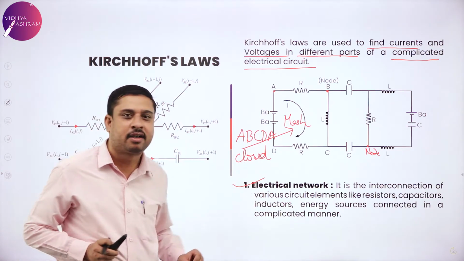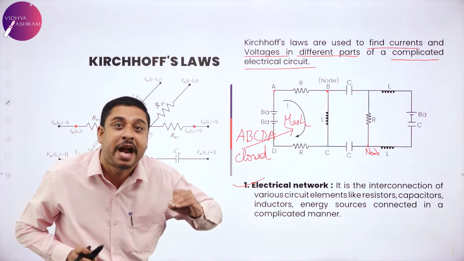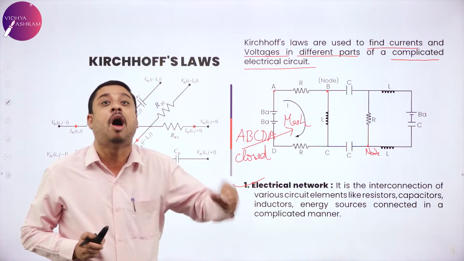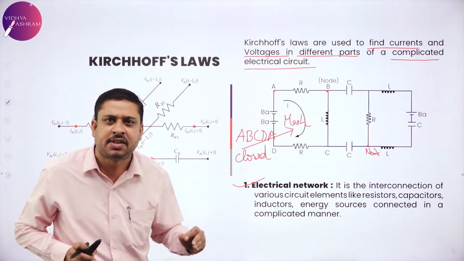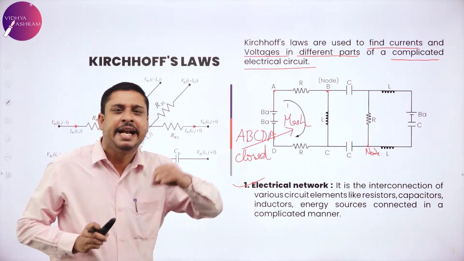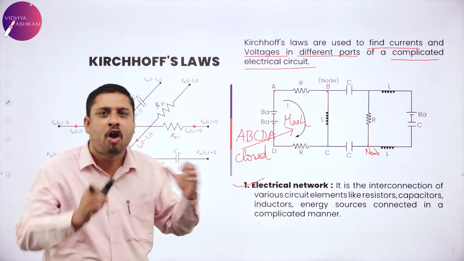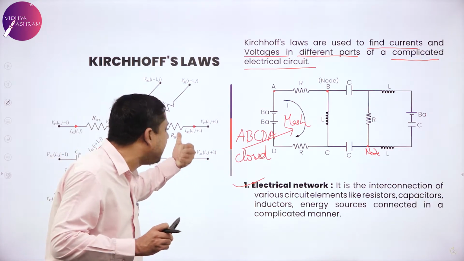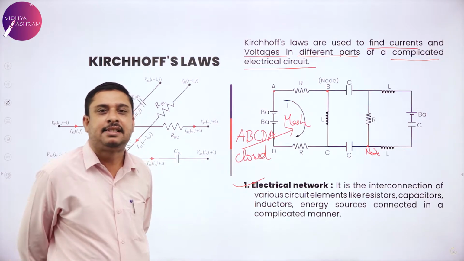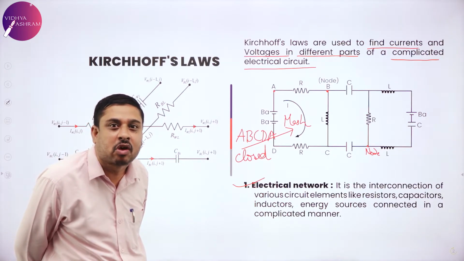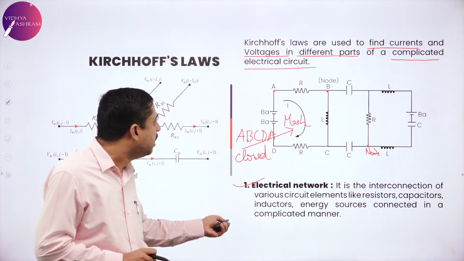Electrical network. A complicated arrangement of circuit components. Hundreds of resistors, capacitors, inductors, all jumbled up, all connected in a complicated manner, and such an arrangement is called an electrical network.